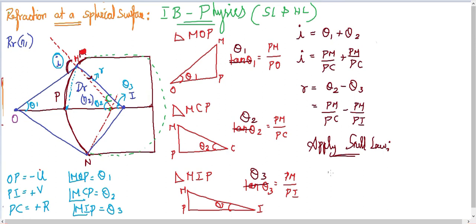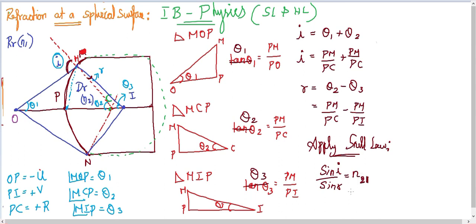Snell's law is very simple. The ratio of the sine of the angle of incidence to the sine of the angle of refraction is always constant, which is called the refractive index. So that is n2,1. That is, light travels from the rarer medium, that is 1, and it is getting refracted in the second medium 2.